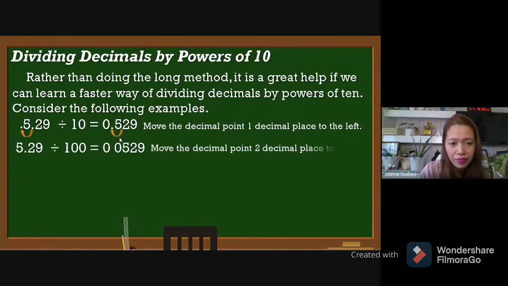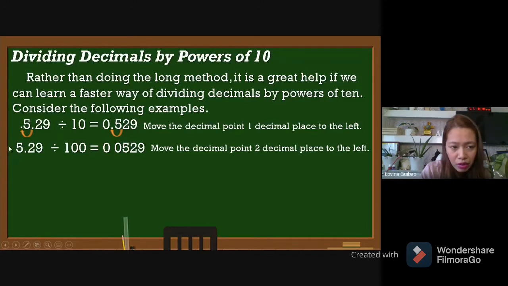Okay. This one, move the decimal point 2 decimal places to the left. Since this is still a whole number, which is 100, ilan ang zero nito? Dalawa. So, ang movement mo, papuntang kaliwa. Diba? Kapag whole number, papuntang kaliwa ang movement ng decimal point. So, ilan ang zero? Dalawa. So, dalawa rin ang decimal place na i-move mo. 1, 2.